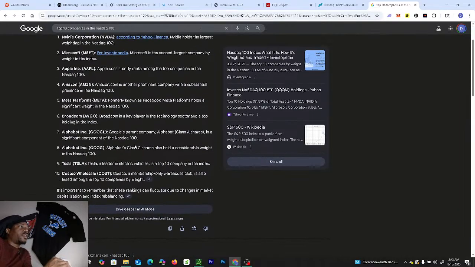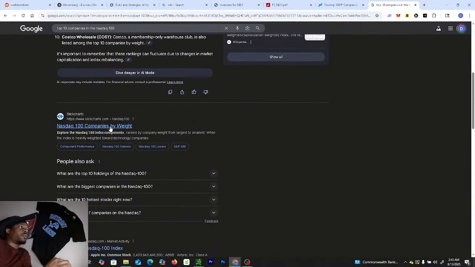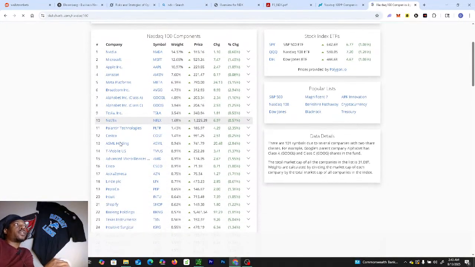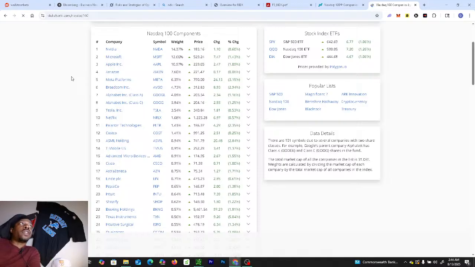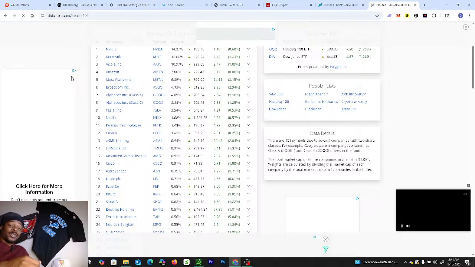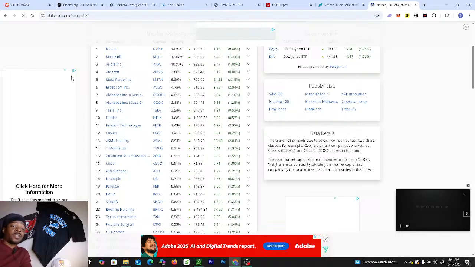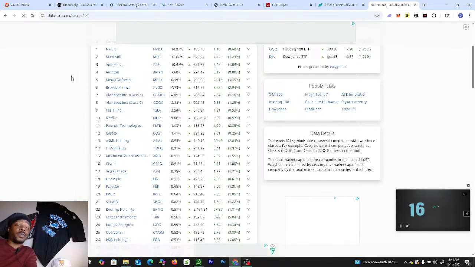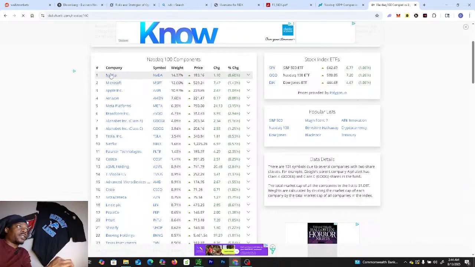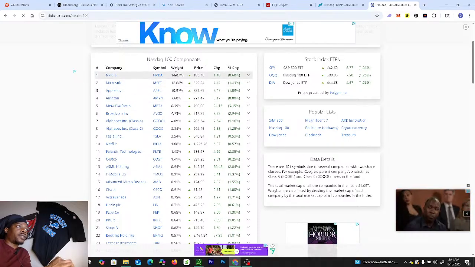So why is it important to know the most weighted companies in a certain index? It's important to know because let's say, for example, NVIDIA corrects and goes down 50% in one day. The entire index is going to go down a lot. It won't be exactly 50%, but it's going to be a huge percentage. That's off of NVIDIA alone. So it's important to pay attention to the most weighted companies.